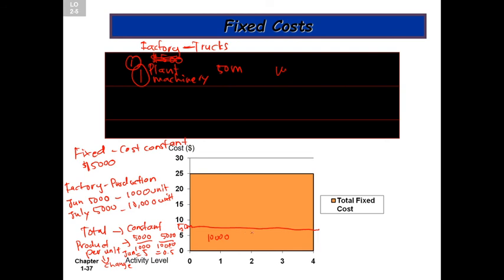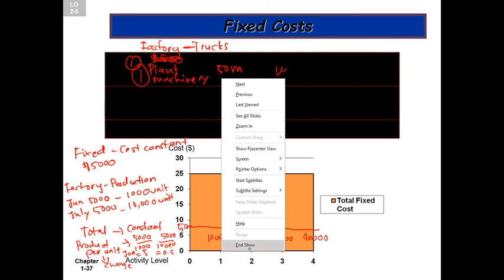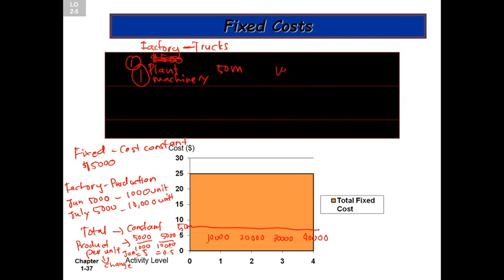So the cost will be calculated. How about the second year? You produce 20,000. First year is 10,000, second year is 20,000, third year is 30,000, fourth year is 40,000.